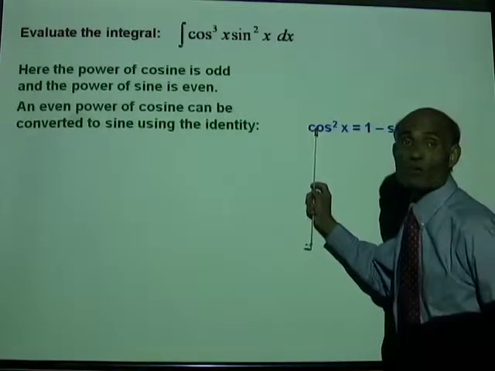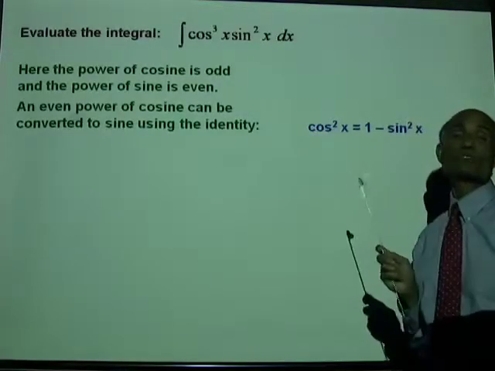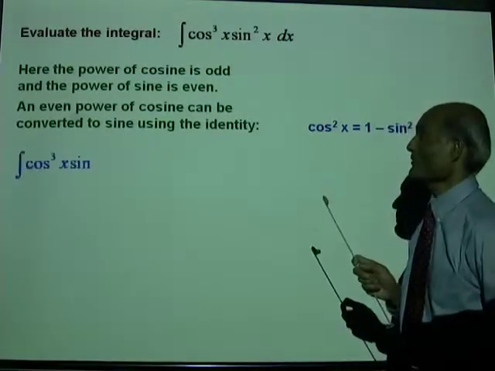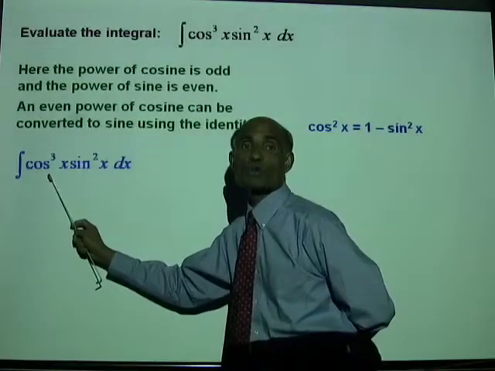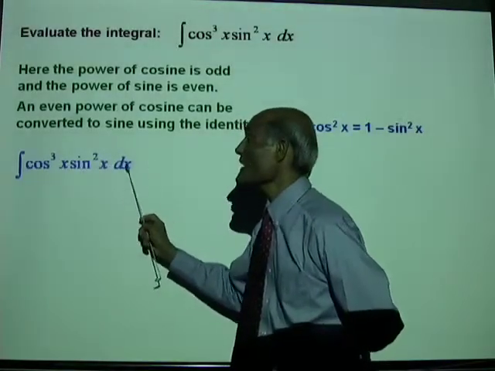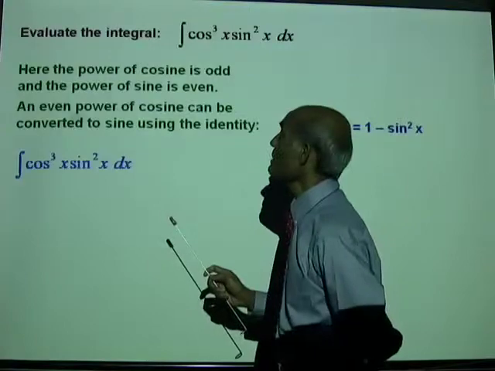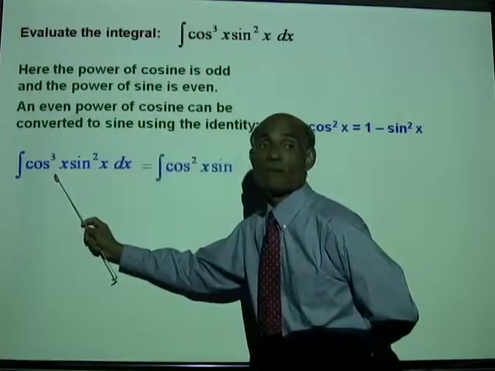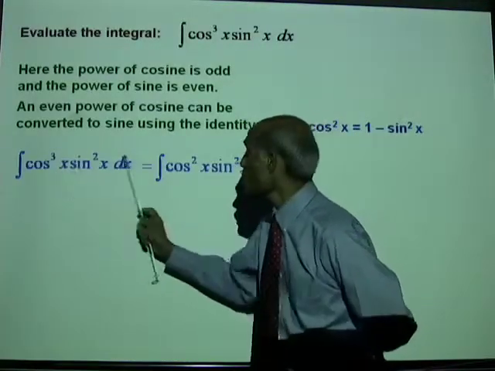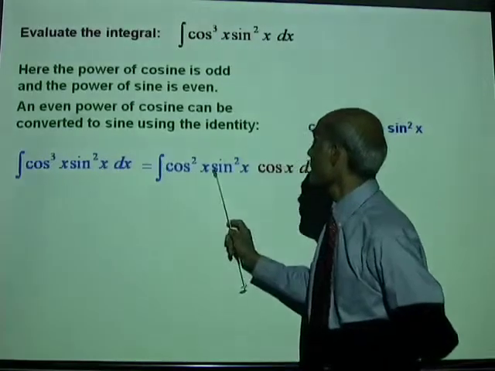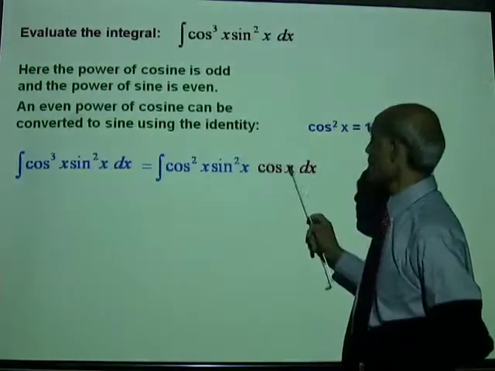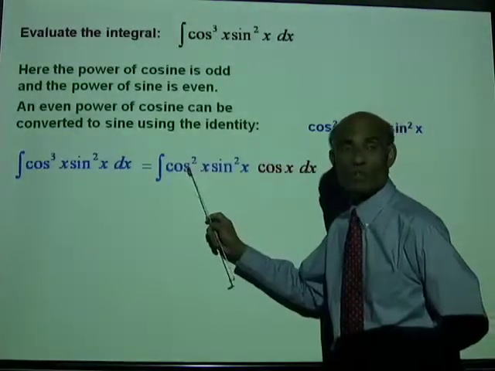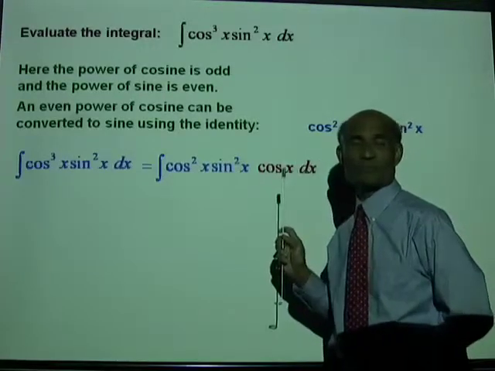An even power of cos can be converted to sine squared x. So integral cos cube x sine squared x dx will be written as integral cos squared x times sine squared x times cos x dx. We took one cos x and put it at the end.